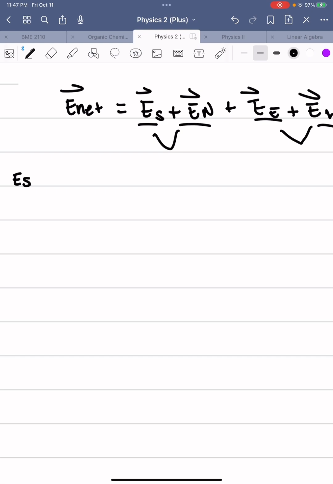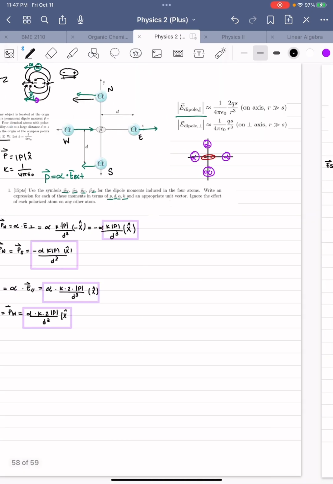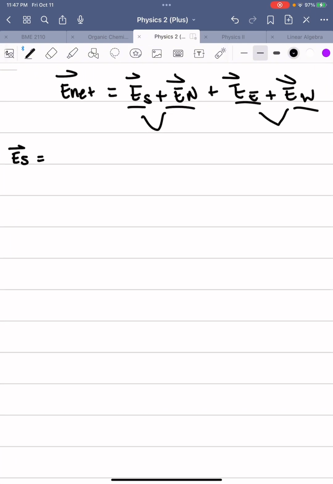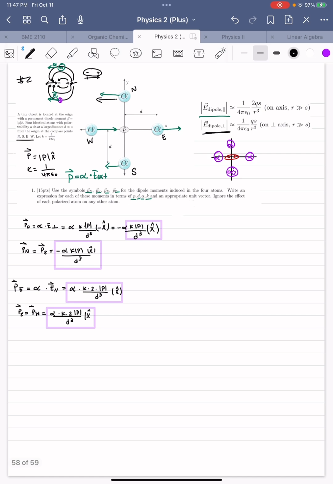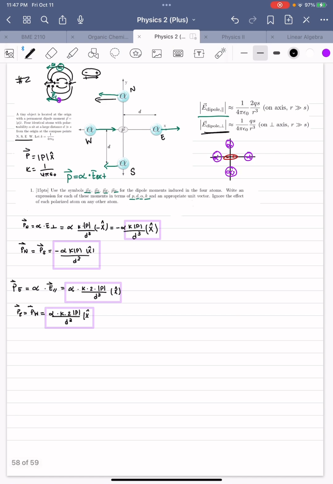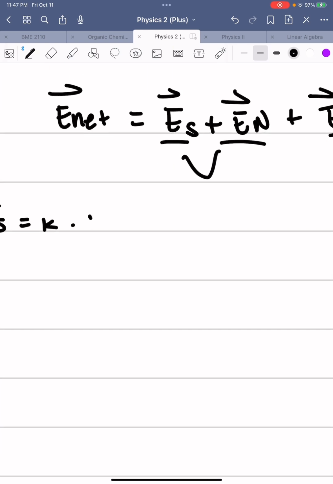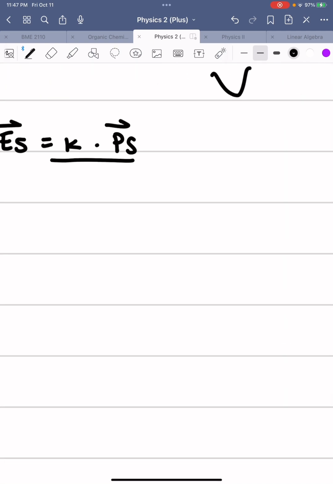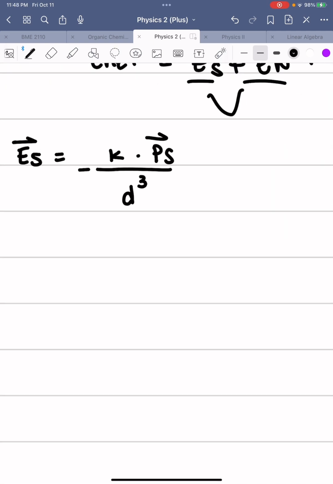So E south, let's say since it's perpendicular to the line, we use this formula: K times, we use the dipole moment we calculated over here, which is perfect. So instead of plugging it in directly, we're just going to say P south over d cubed. Okay, and then the electric field of north is equal to the electric field of south.